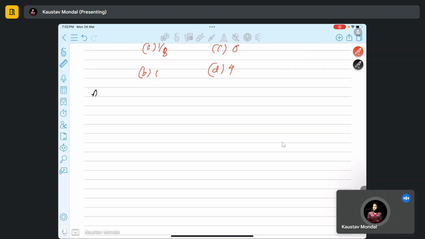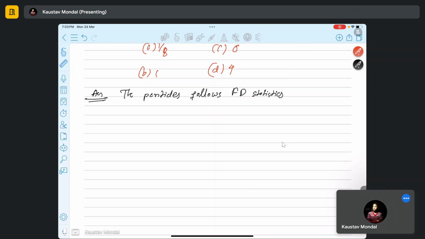The answer is: the particles follow FD statistics.